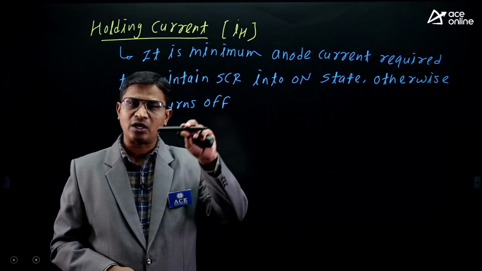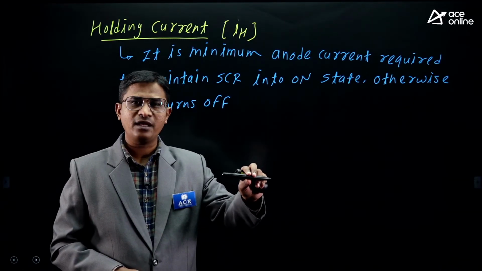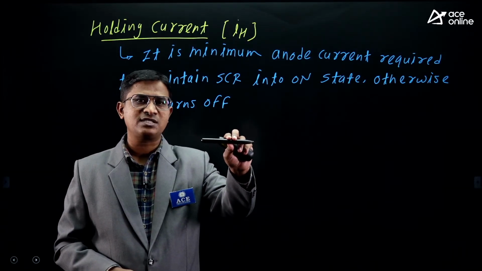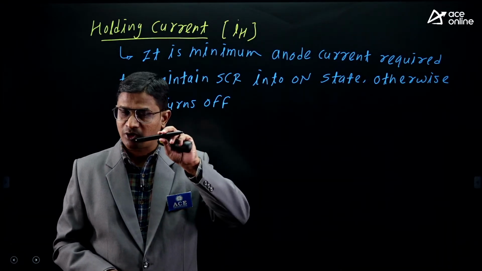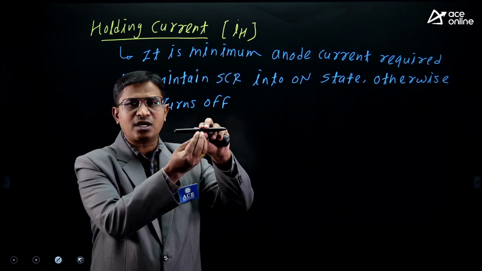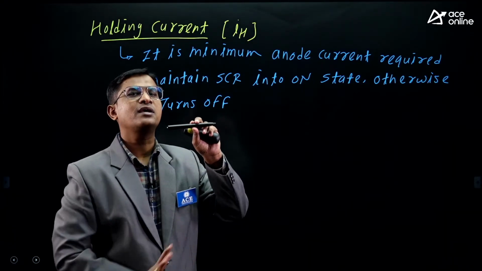Now, if I want to turn off this SCR, then the current flowing through the SCR should be less than the holding current value, right? I need to reduce the current flowing through the SCR below the holding current value.